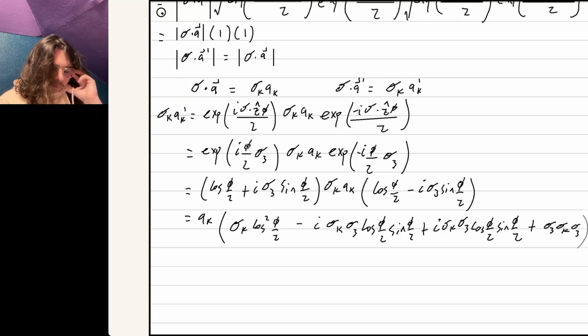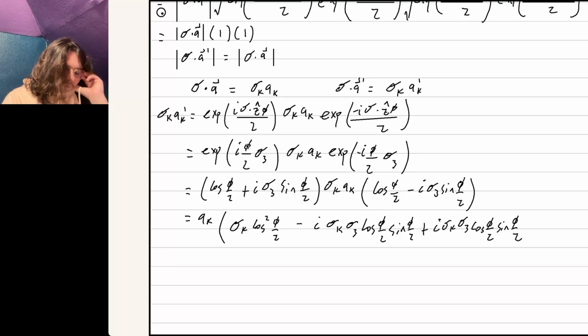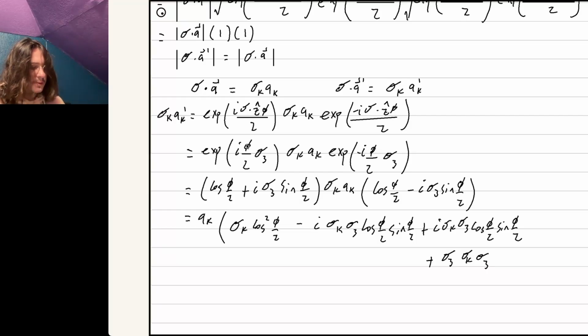And then that's meant to be multiplied by stuff. Plus sigma k sigma 3 sigma k sigma 3 times sine squared phi over 2. Be careful, silly people. You're meant to keep the order of the matrices whenever you multiply them through. I wrote the third term as sigma k sigma 3; you're meant to write it as sigma 3 sigma k so that you end up with a commutator. We got there in the end.